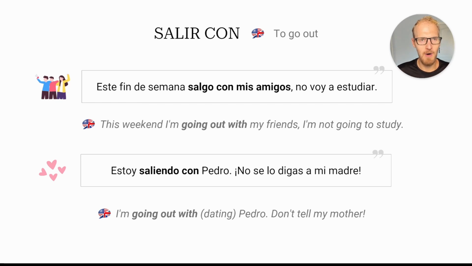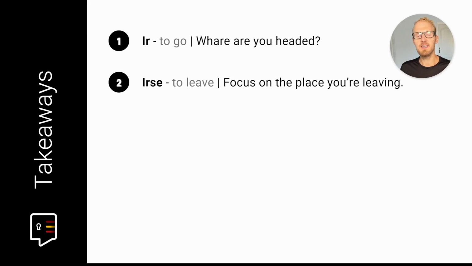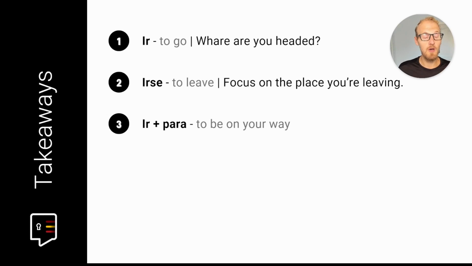Don't tell my mother. So just to recap, remember ir as to go. You have to answer the question for the listener, where are you headed? That's what he or she would care about. Irse is to leave. Our focus is on the place you are leaving behind. And then you can use ir para as to be on your way. It's a bit more informal, but most of the time you will use ir a for direction.